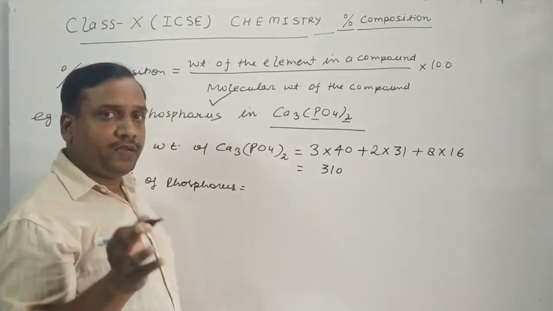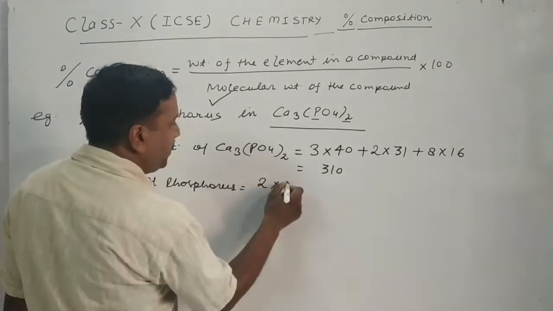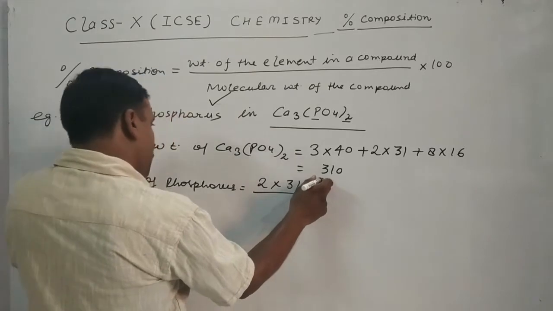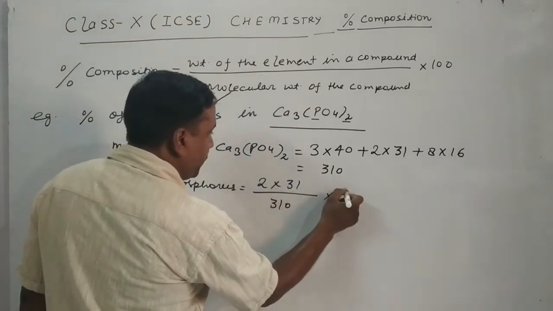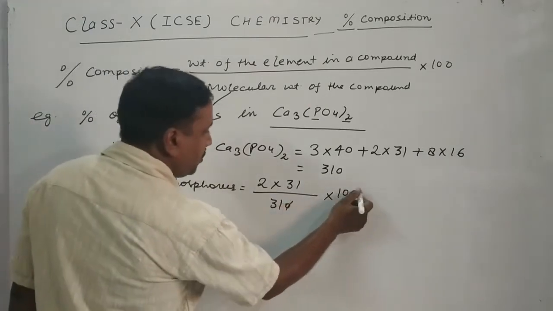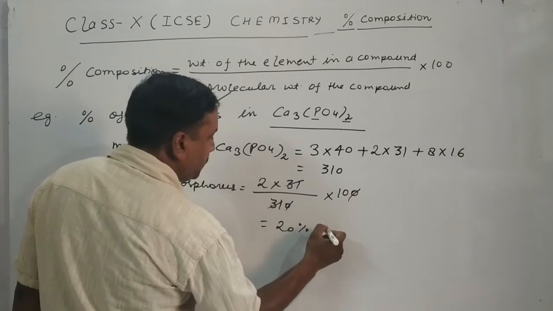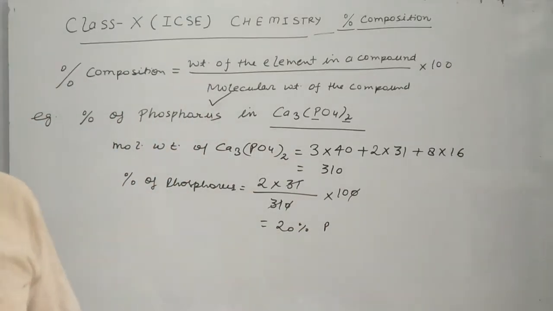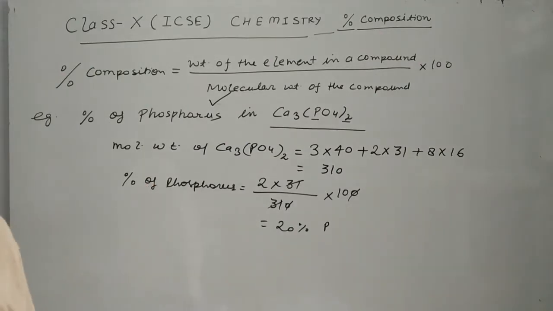You have to take the mass of 2 atoms of phosphorus: 2 multiplied by 31, out of the total molecular weight, 310, multiplied by 100. On solving, you will get 20% weight of phosphorus. By this type of method, you can do other problems.